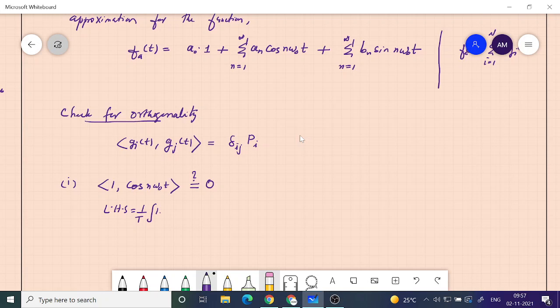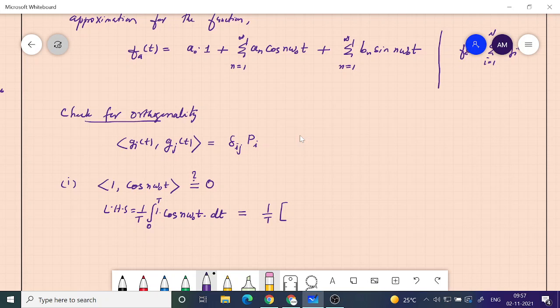These are power signals, so 1 by T, integration from 0 to T, then the conjugate of the second. These are real functions, so cos(n omega 0 t) dt. If this is 0, then 1 and cos(n omega 0 t) are orthogonal. So this is equal to 1 by T, integral of cos is what?